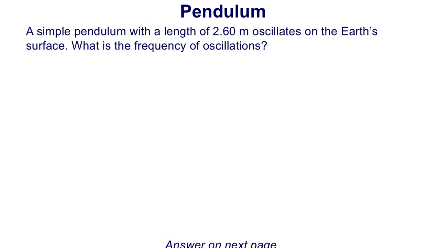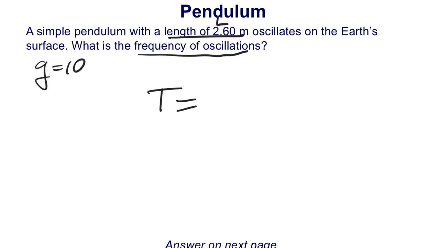So what is the frequency of a pendulum's vibration? The length is 2.6 meters near Earth's surface, so G is equal to 10. Let's do it this way instead of inverting it: I can find the period, then I'll invert my answer to find the frequency, instead of doing it like I did last time.